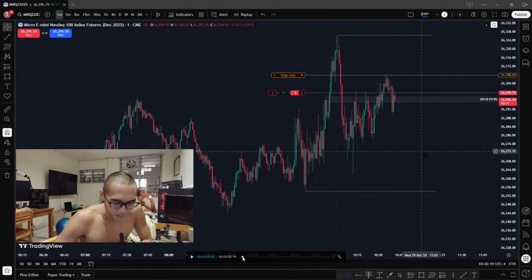And so what I want to show you guys is that my main draw on liquidity after the opening range low would have been the upper quadrant of the opening range gap, and then the midpoint. As you can see, we reached the midpoint during lunch macro, and that's a very nice trade itself. This whole thing is like 70 plus points.